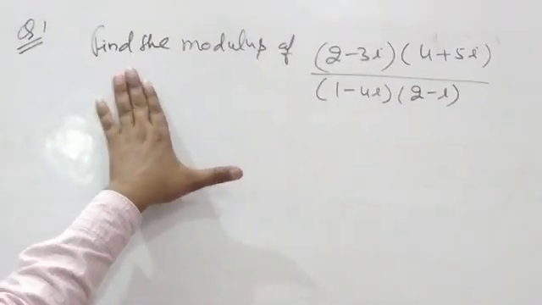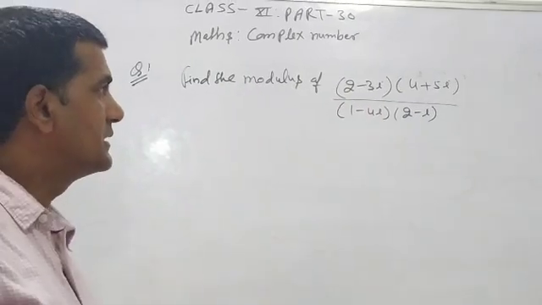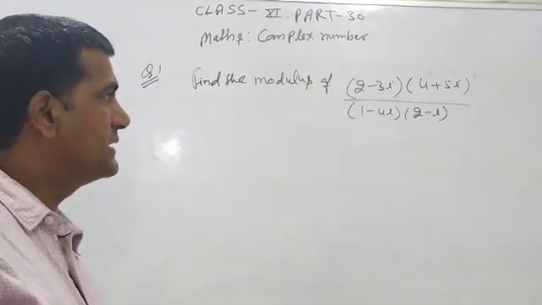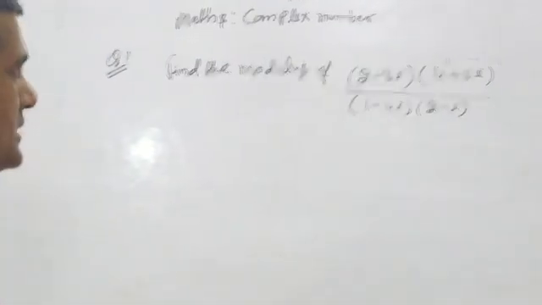Now see this question. Find the modulus of (2 minus 3i) into (4 plus 5i) upon (1 minus 4i) into (2 minus i). Understood?